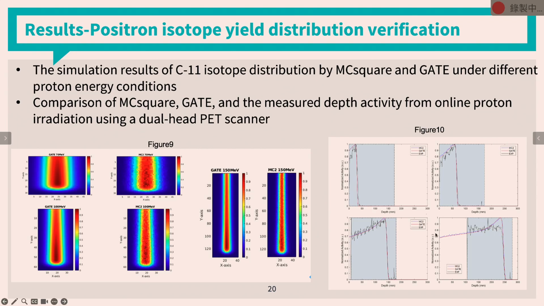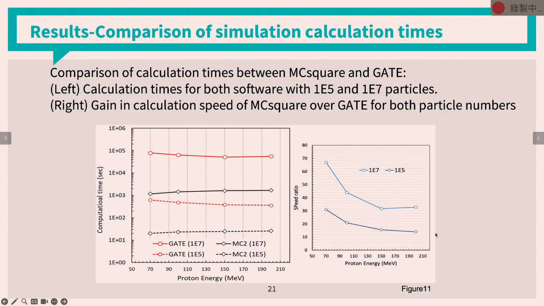I also did a comparison of simulation calculation time between MC² and GATE, these two Monte Carlo simulation software. As shown in figure 11, on the left, I compare the simulation times for GATE and MC² with 10 to the power of 7 and 10 to the power of 5 particles. GATE takes much longer, over 10 hours for 10 to the power of 7 particles, while MC² takes less than 30 minutes.